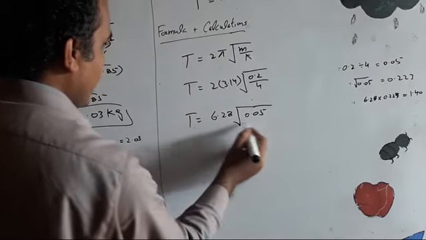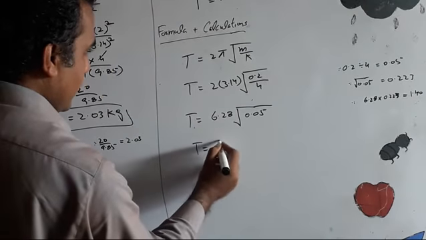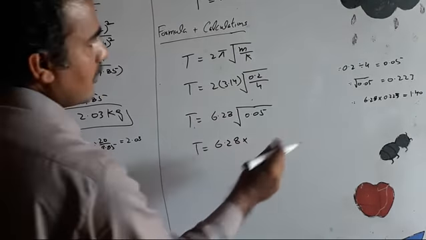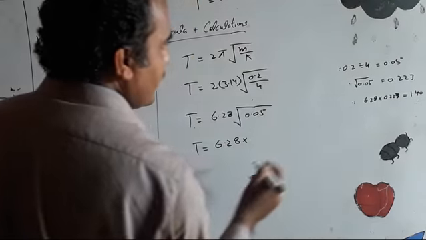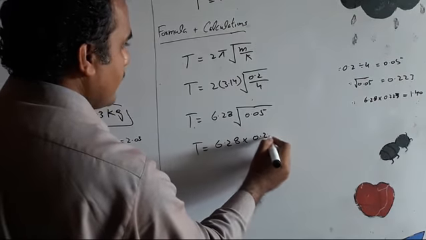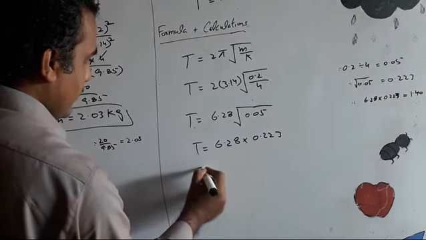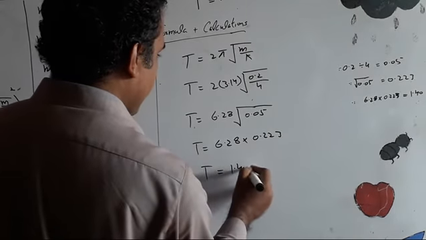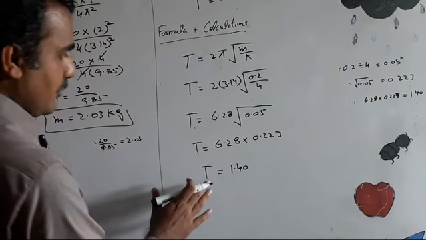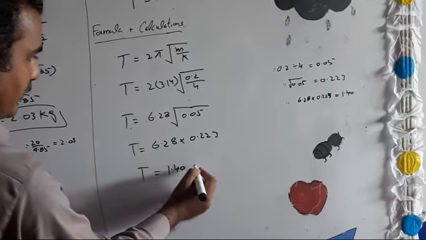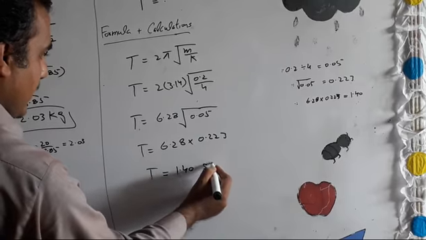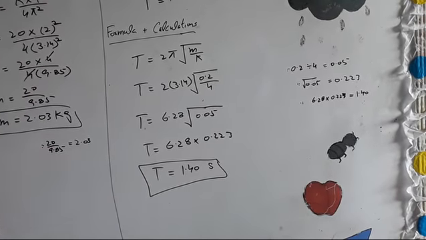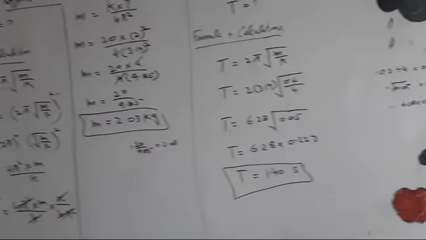Now taking the square root of 0.05, it will give you the value of 0.223. Multiplying these two values, we get the required answer, which is 1.40. Now putting the unit for time period, the unit of time period is second, denoted by s. So it is our required answer for the assignment 10.3.